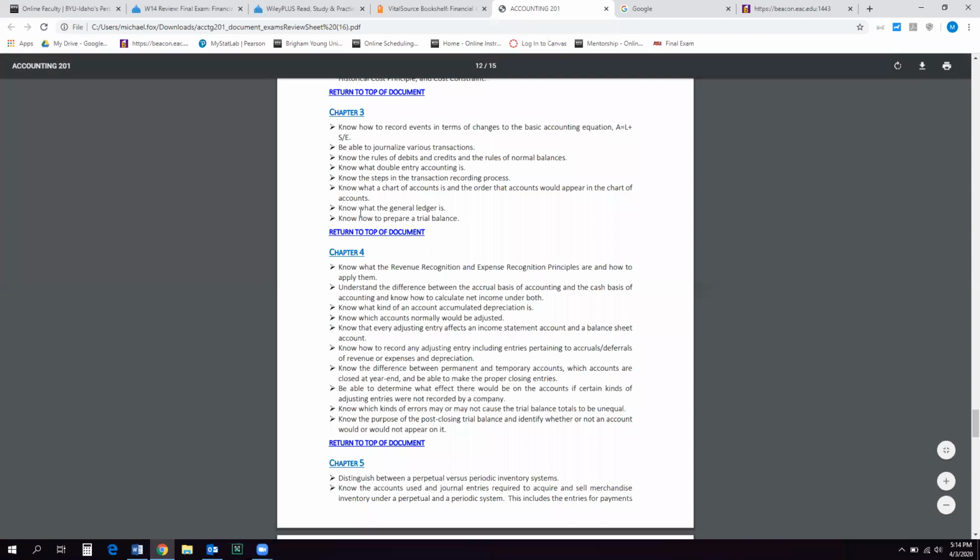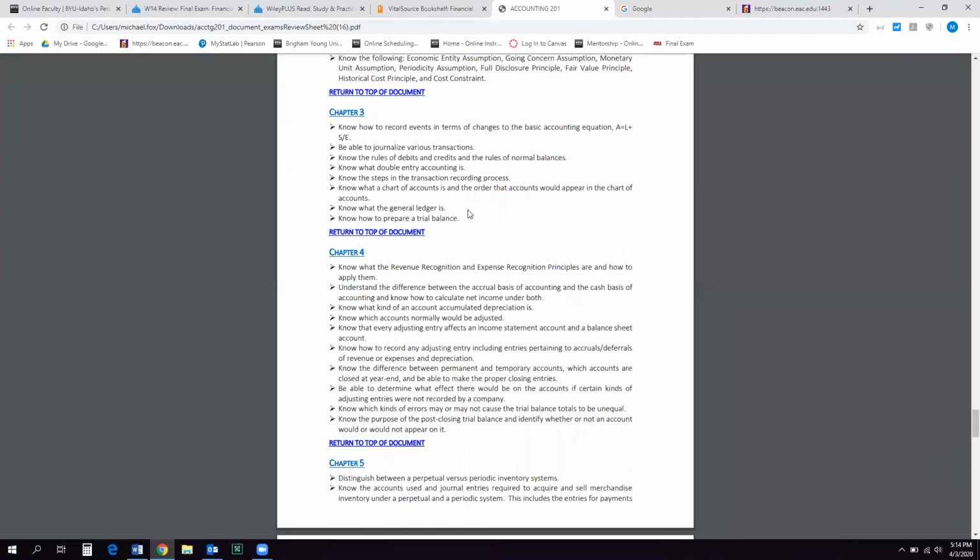And then it says, know how to prepare a trial balance. Remember I said that we journalize or put things in the journal and then we post those to the ledger or the T accounts where we see a balance for each account. Then we take those balances for each account and we post those to a trial balance.